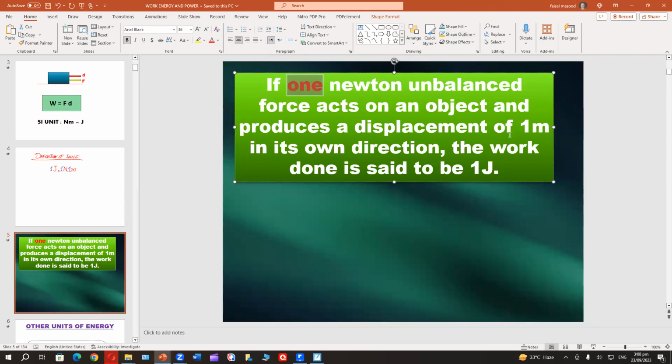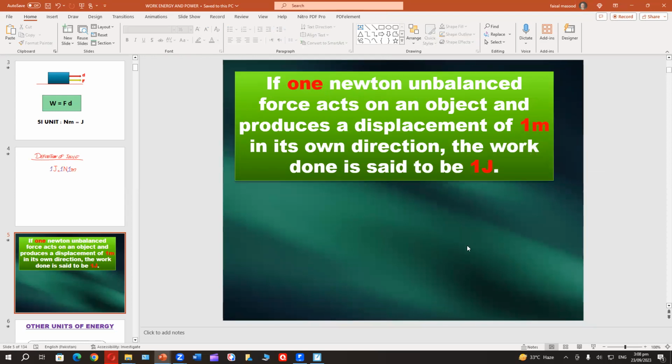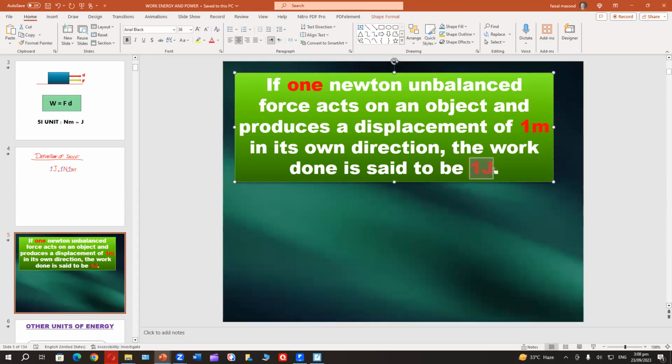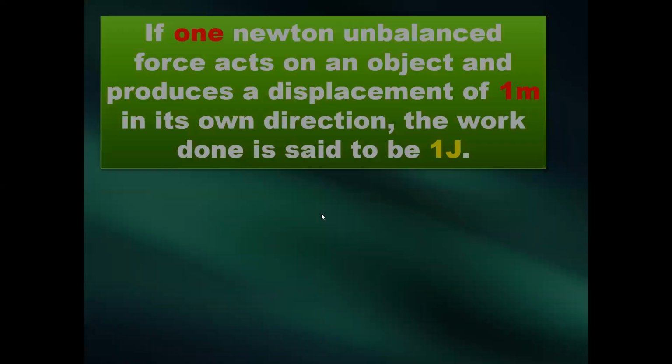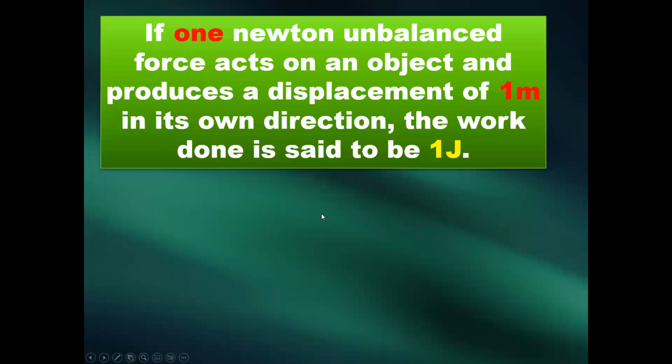So 1 Newton, then you have to say 1 meter, and then you have to say 1 joule. So this is where the definition makes sense in physics, that every quantity should be made 1. So 1 Newton, 1 meter, and 1 joule. You have to just connect them with a story.